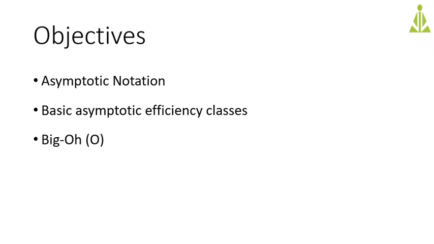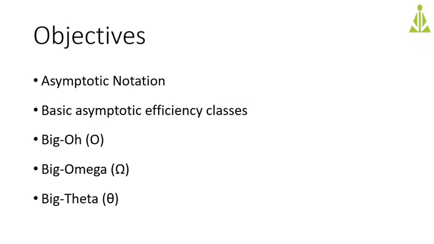And three notations are there, which are very important to find the time complexity or space complexity: big O, big omega, and big theta. These three are the major asymptotic notations for getting the time complexity and the space complexity. So in today's class we are going to see all these things one by one.